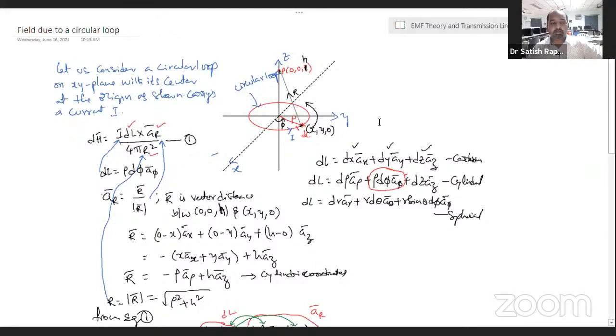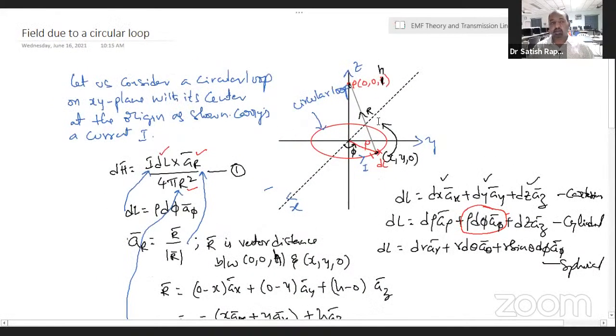In my last class, I discussed the magnetic field due to a circular loop. Let me recollect what we learned.